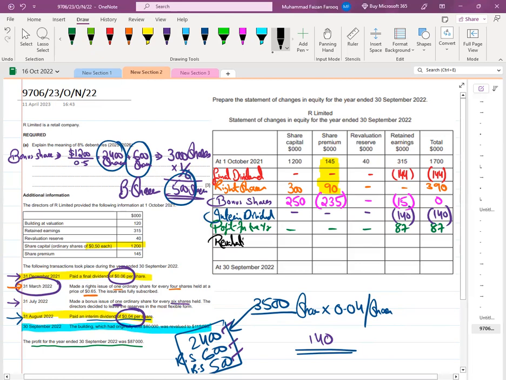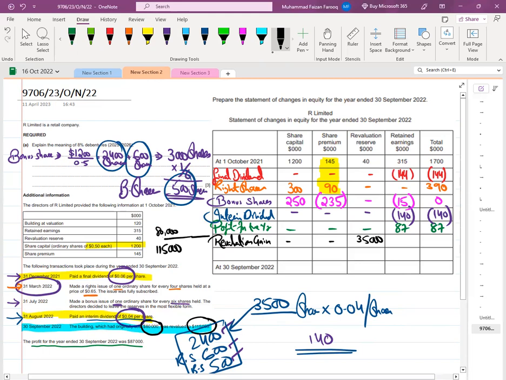Revaluation. Tell me, the item was 80 and now it is 115. What can you say? 35,000 increase. Increase or decrease? Increase.